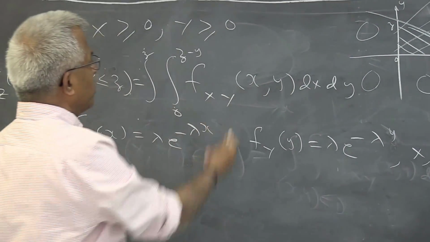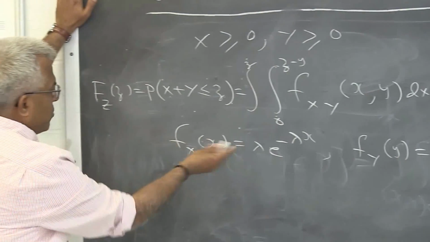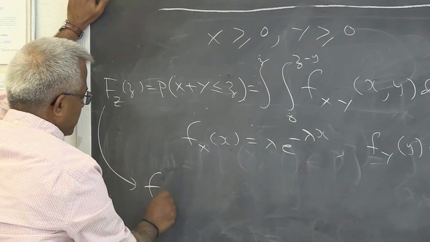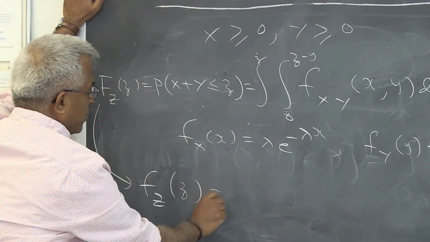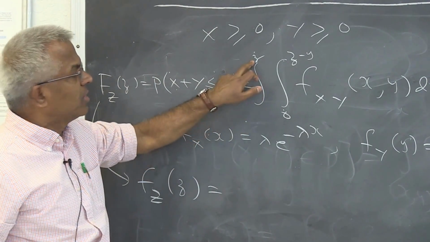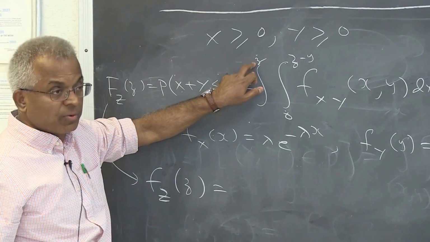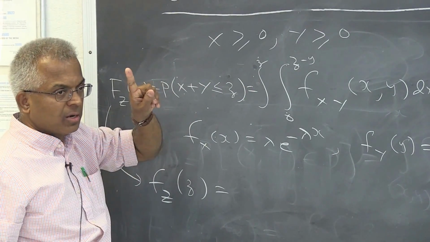If X and Y are independent, before we substitute, let's take the derivative of this. Already there is a limit here. The derivative of the top limit is 1.